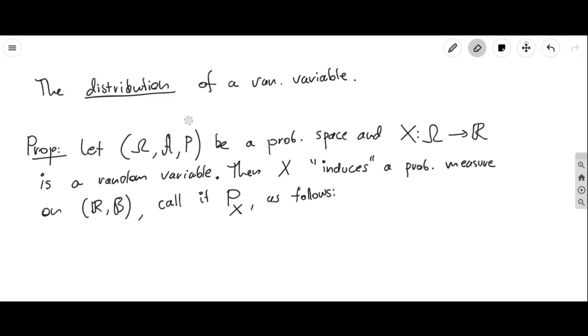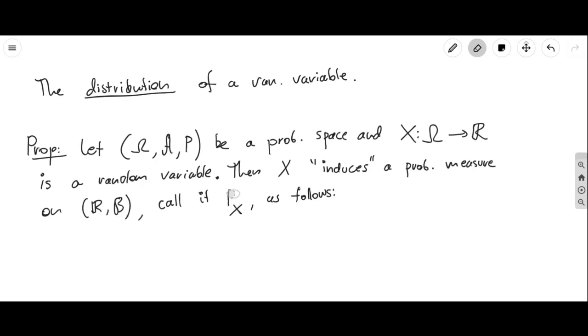At the moment, we have a probability measure on this abstract sample space, and we're going to use it. This is what we mean by induce. We're going to use an old type of structure to create a new type of structure on the Borel algebra.